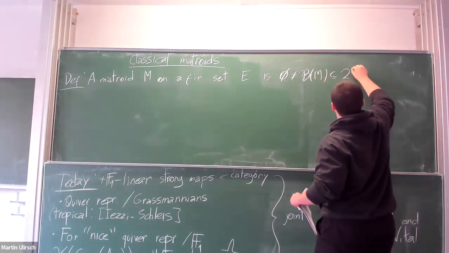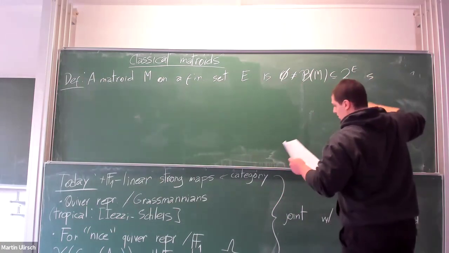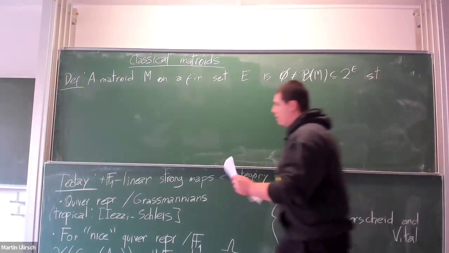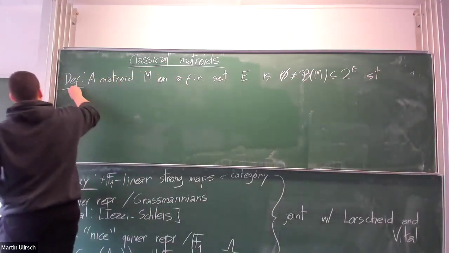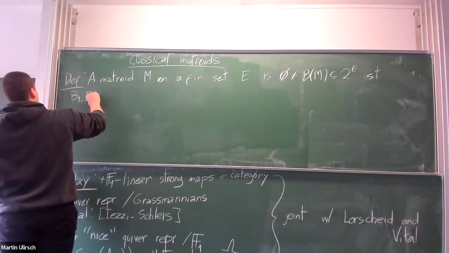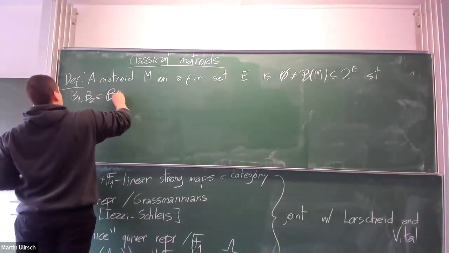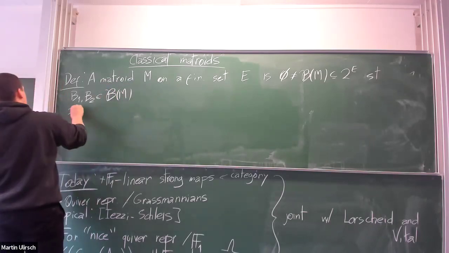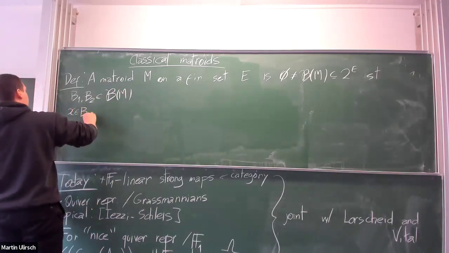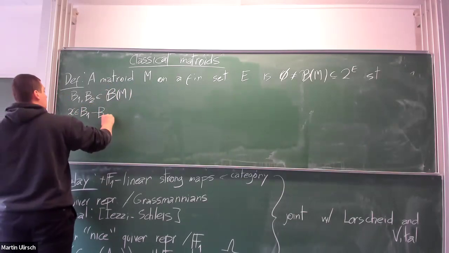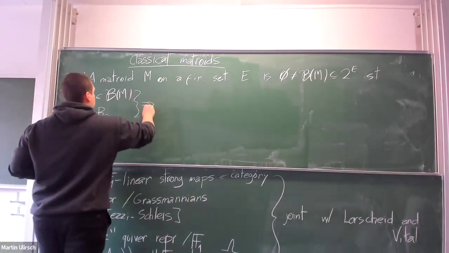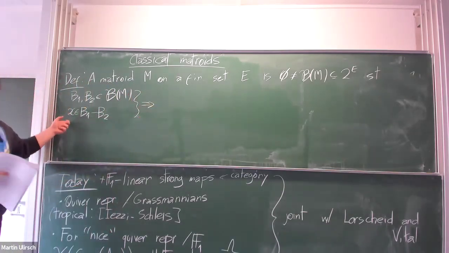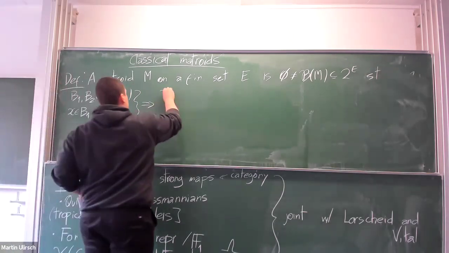Such that whenever I have two of these subsets, and one element in one but not in the other, I can exchange this element in a nice way.